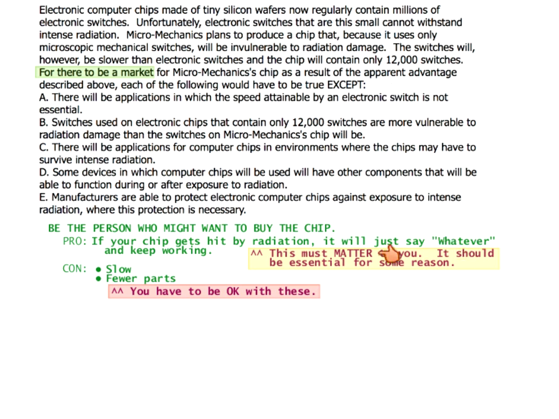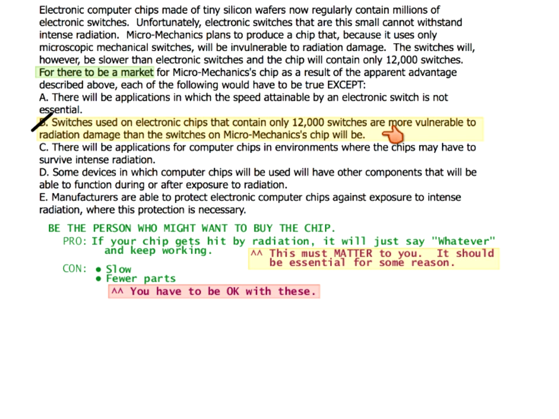So the yellow part, this has to matter to you. It should be essential. So we have to care that it is radiation proof. So B is that, so we can strike B out because remember it's an except problem where you don't want the choices that do answer the question. If this is important, then for this to matter, it has to be better than the chips that are currently out there, right?